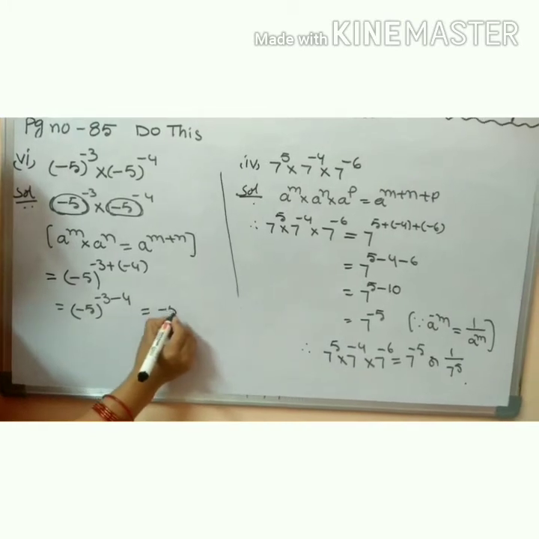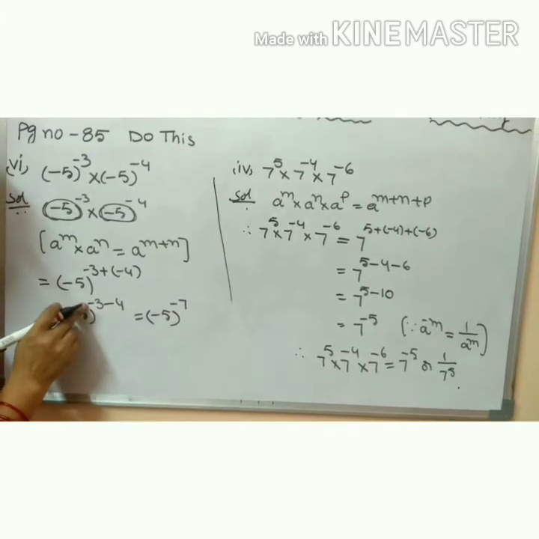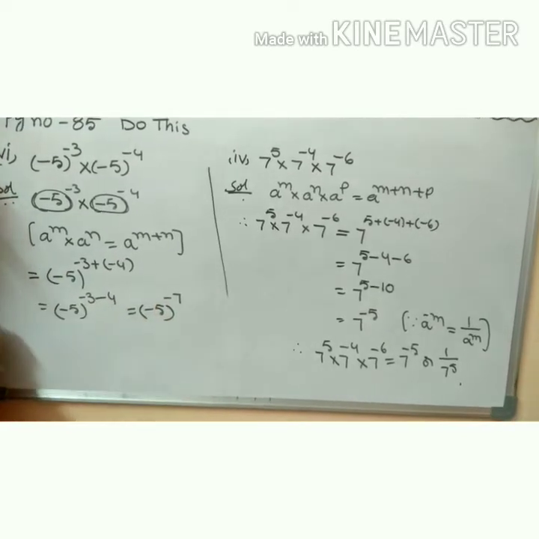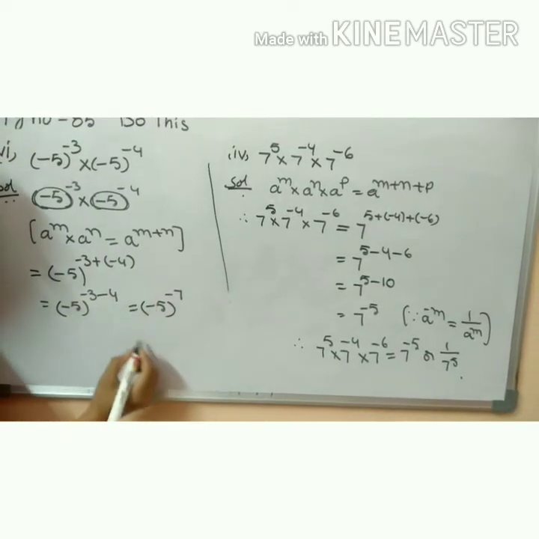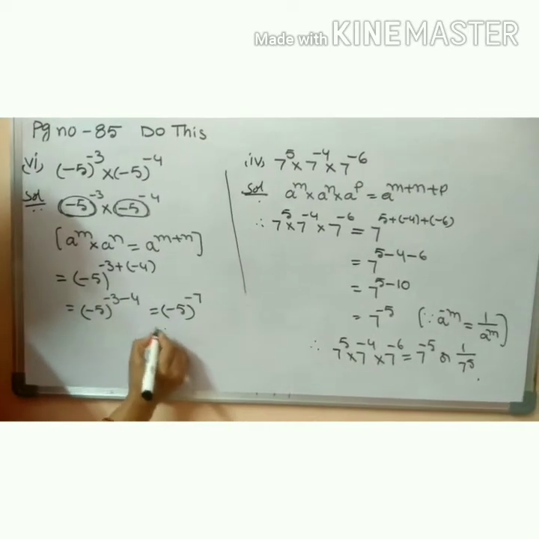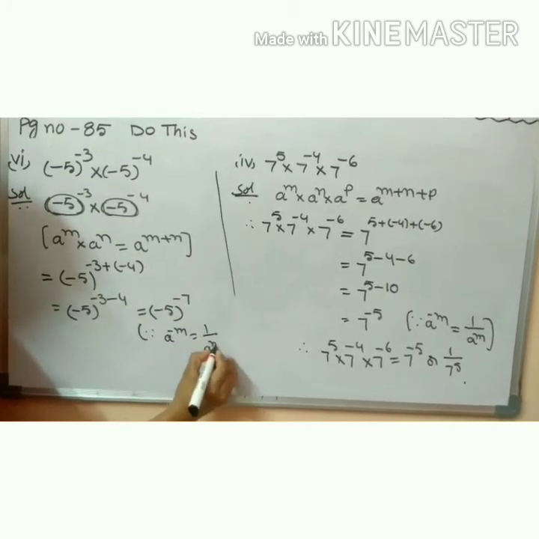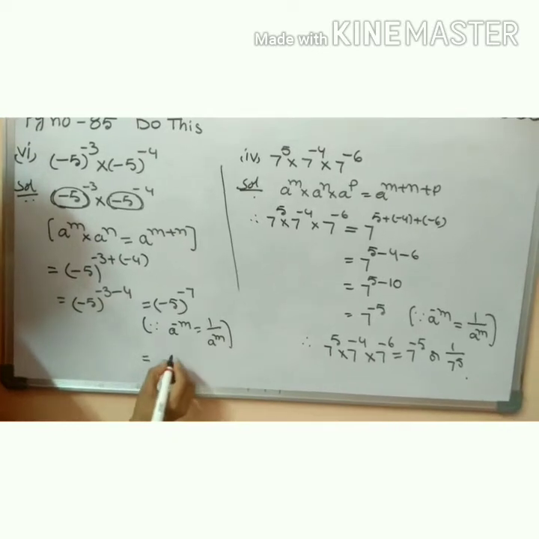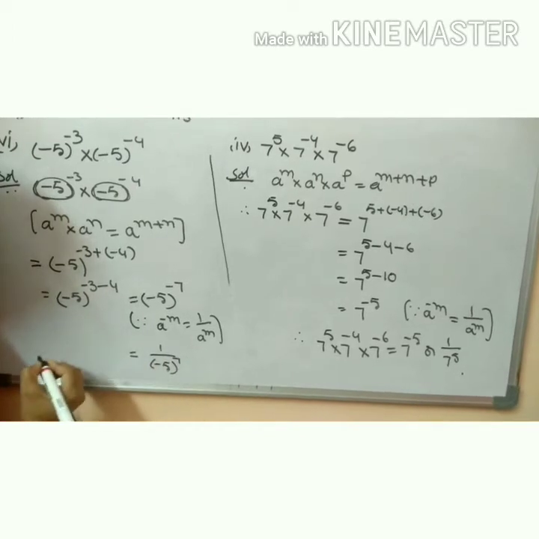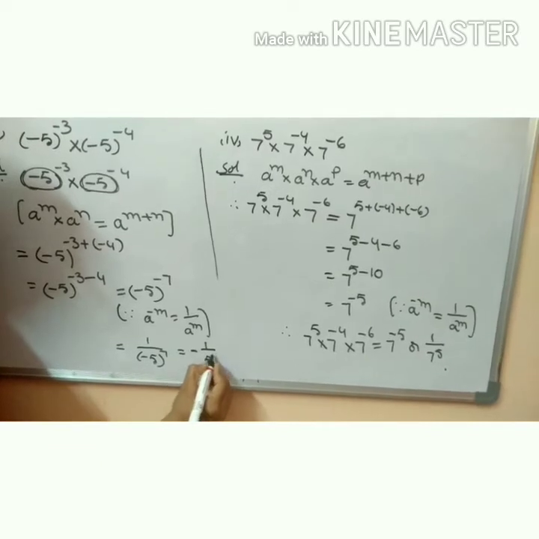So here minus 5 whole power minus 7, because here two symbols are minus, they will add and give the symbol minus. Okay. So here it is minus 5 whole power minus 7. Comparing with a power minus m equals 1 by a power m, we write here 1 by minus 5 whole power 7. Okay. Or minus 1 by 5 power 7.